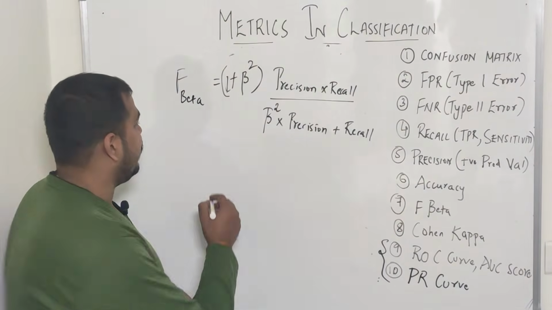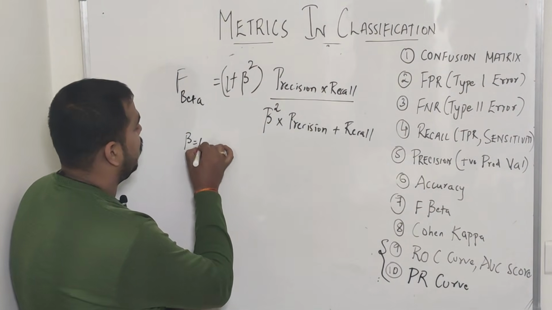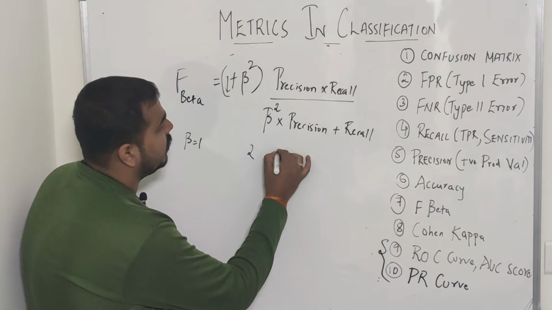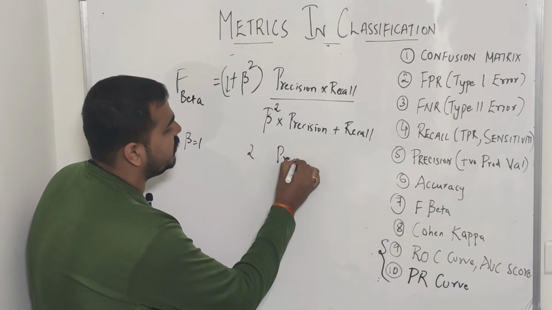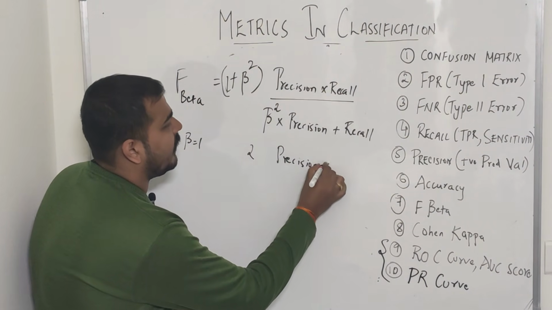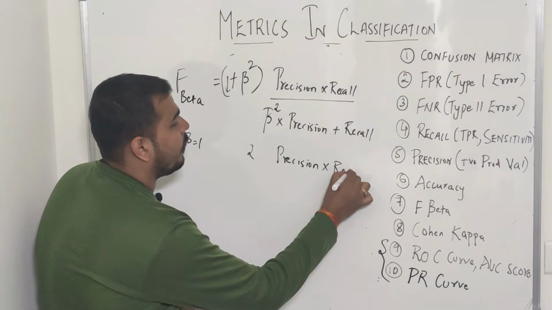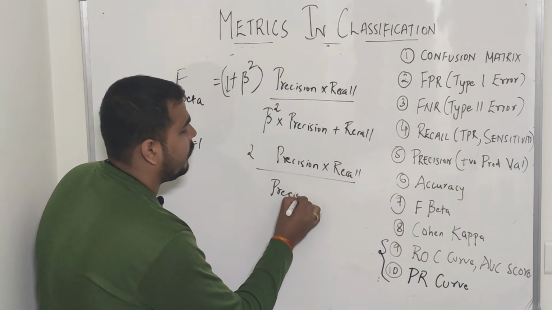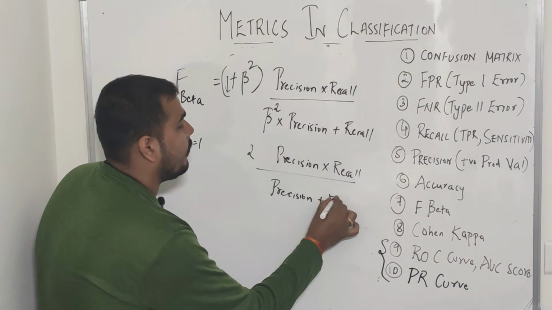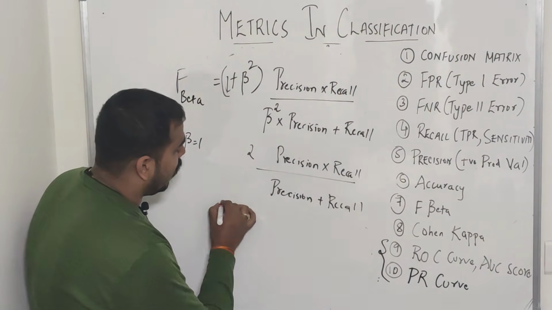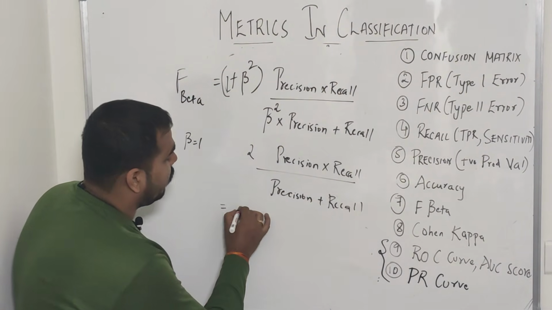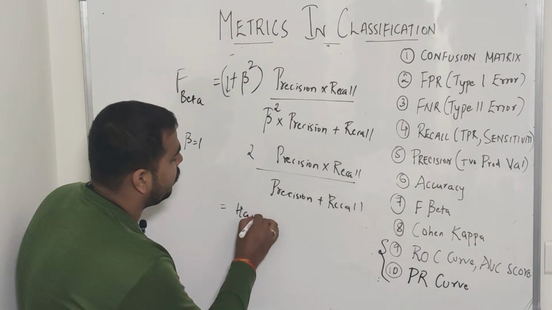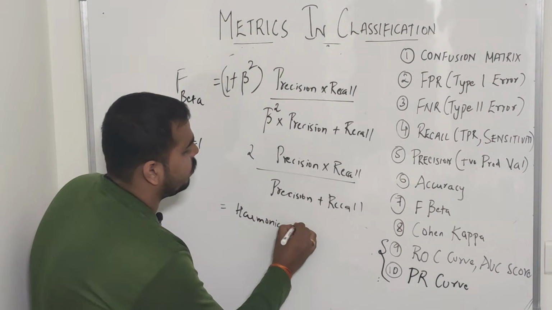Now consider that if my beta value is 1, this formula basically becomes 2 into precision multiplied by recall divided by precision plus recall. Okay, and if you don't know about this, guys, this is called a harmonic mean.